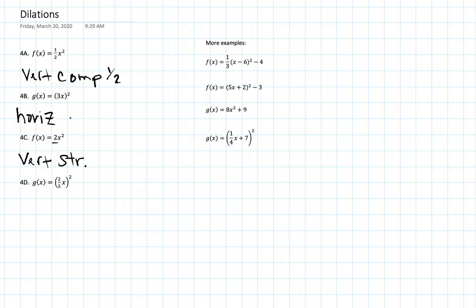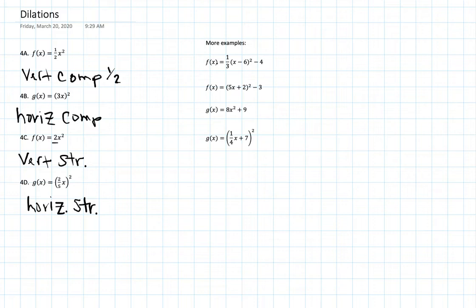This is going to be a compression. And likewise, if you go down to 4D, you have a fraction and it's inside the parentheses, so you know it's going to be horizontal, and since it's a fraction, it's going to be a stretch. So, horizontal stretches, horizontal compressions, vertical stretches, and vertical compressions.